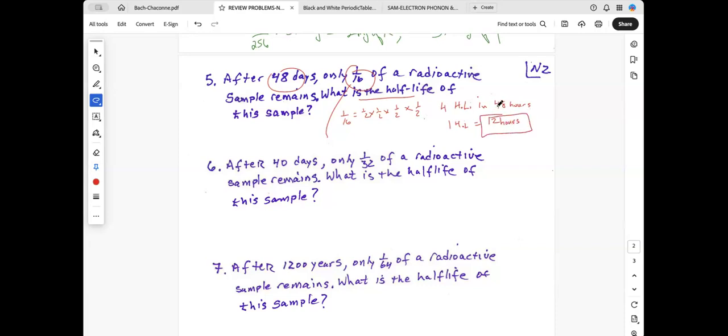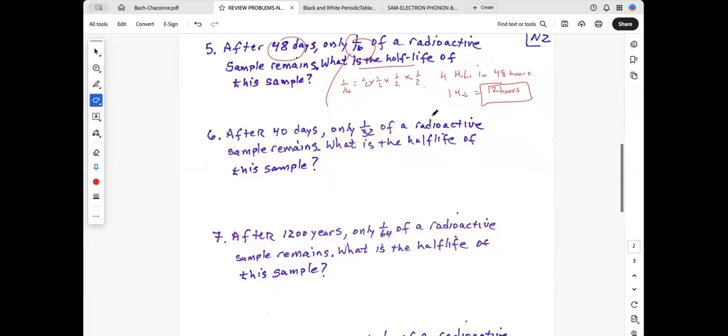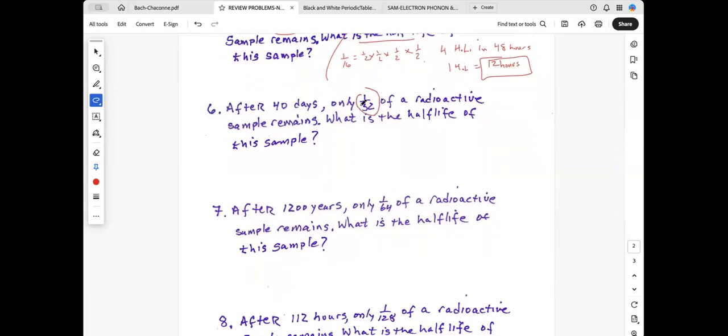So here we found the half-life. Next one, 1/32 remains. So 1/32, we have to do it 5 times, as you'll see: a half, times a half, times a half, times a half. That's a fourth, an eighth, a 16th, a 32nd.